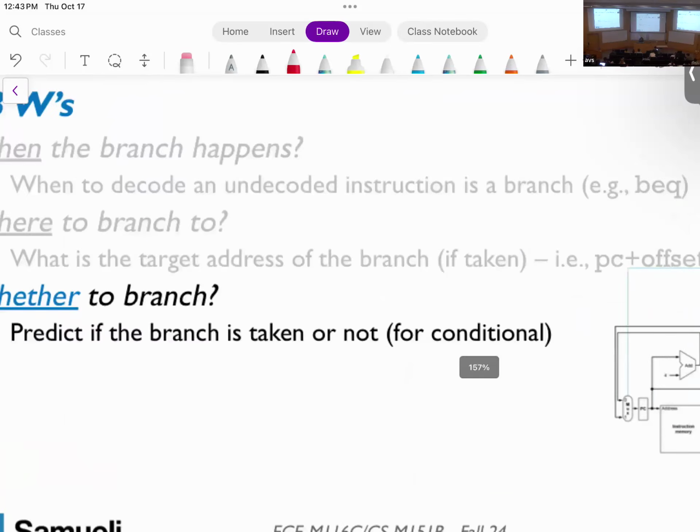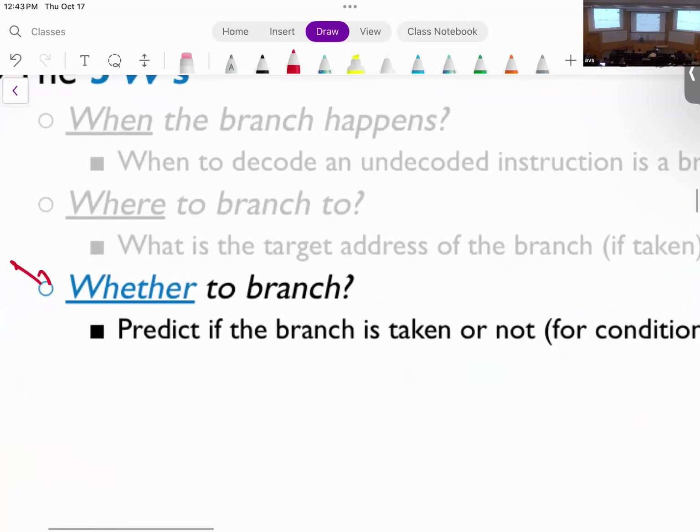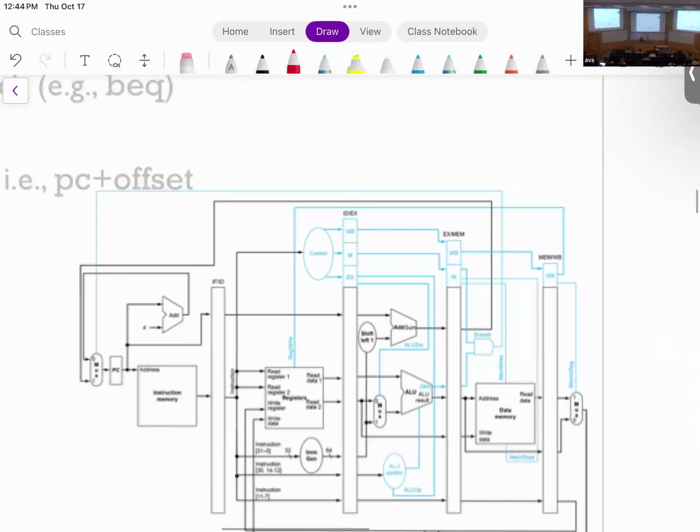And lastly, whether or not the branch is taken was this comparator that we have, this sub instruction that we had in the ALU, plus this AND gate that we had with the branch instruction. So remember that we had this 0 flag, and we also had this control signal that is coming from the controller. The controller needs to detect that this is a branch, and that was equal to 1.